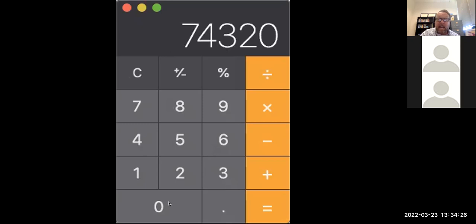That's the 80% of his $92,900 that his house was worth. But he owes $32,440, so he can't borrow that. So you subtract those two, and he can borrow up to $41,880. So that would be the answer. $41,880. There's the answer. Does that make sense?